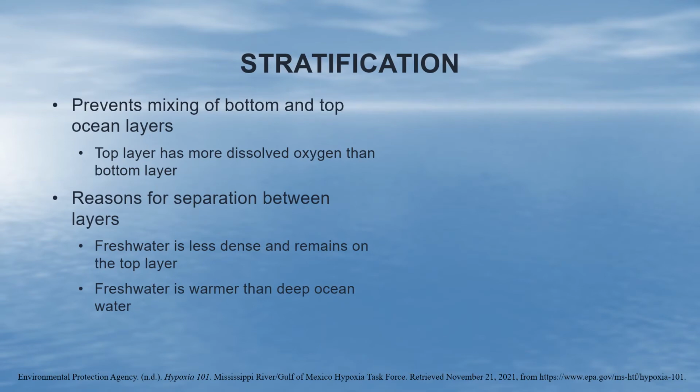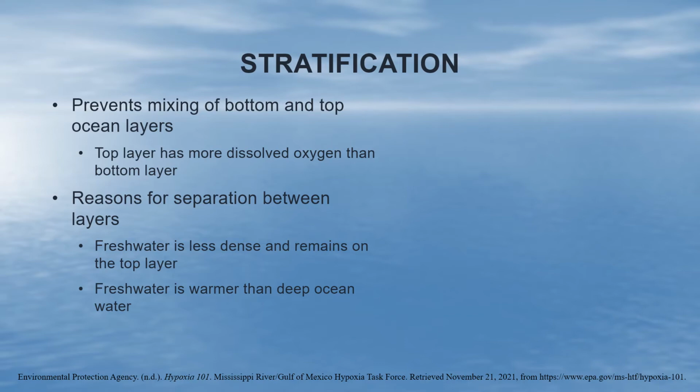Now that we've discussed eutrophication, it's important to discuss stratification. Stratification is just as important of a factor to creating hypoxic dead zones as eutrophication. And stratification basically just means that there are distinct layers. And in the ocean, we see this with distinct top and bottom layers, especially in these estuary zones where fresh river water enters and mixes with the ocean.